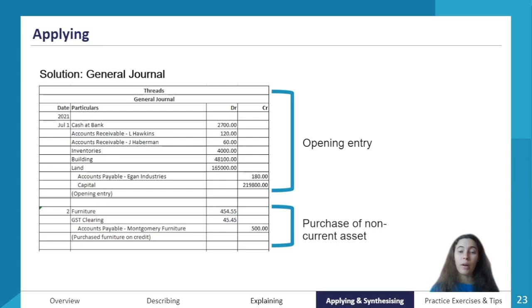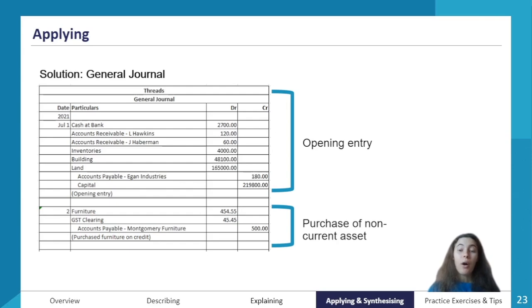The debit and the credit for this first transaction need to be the same. So adding all of your debits together, in this case we would subtract the 180 from that amount for accounts payable, and then whatever that figure is will end up being our capital, and that will mean that both columns are the same. And our narration for that is just opening entry.